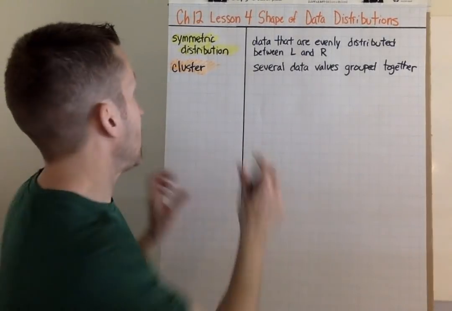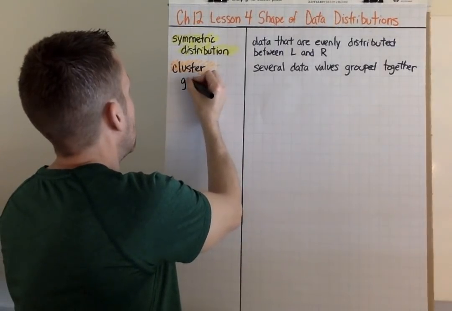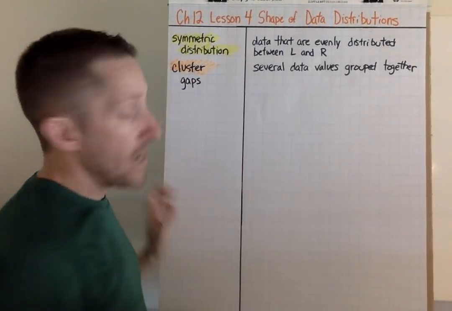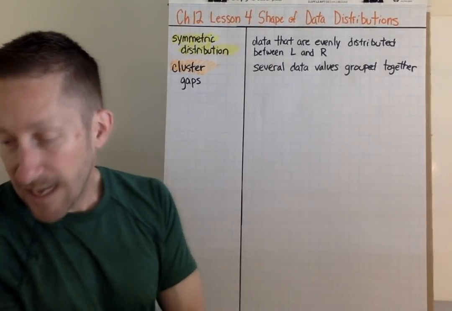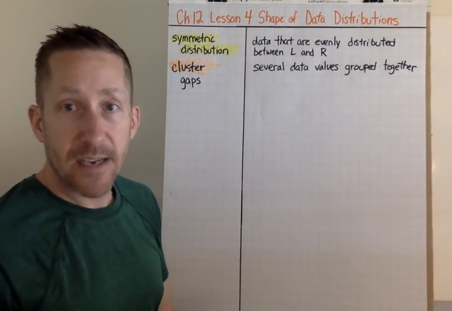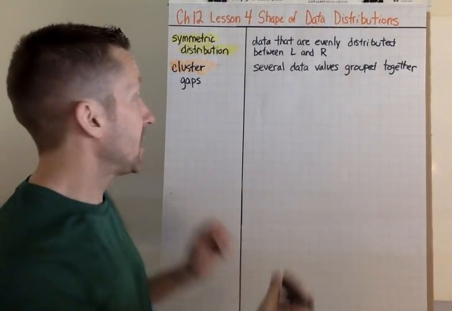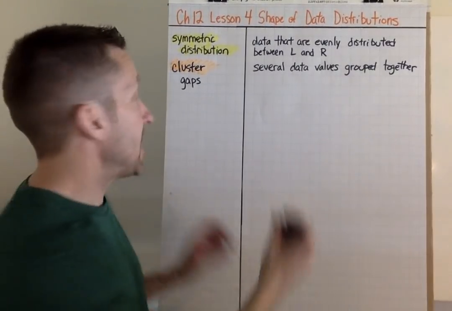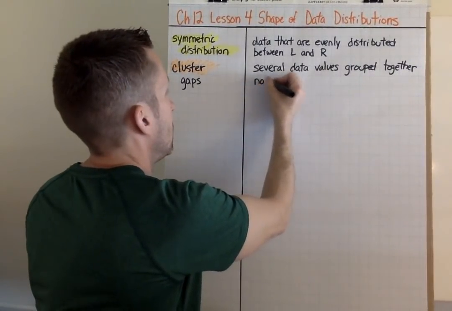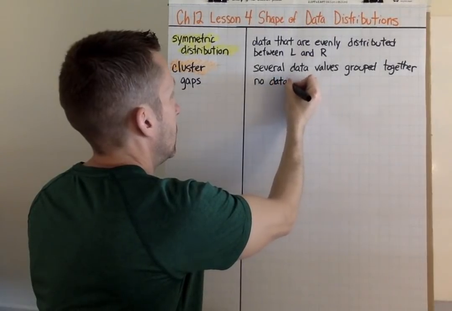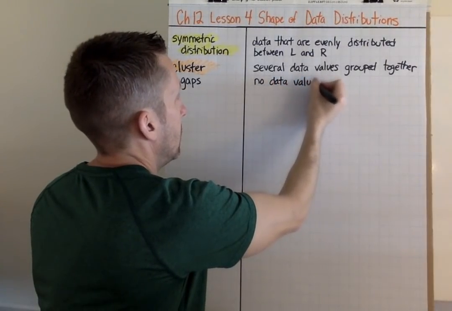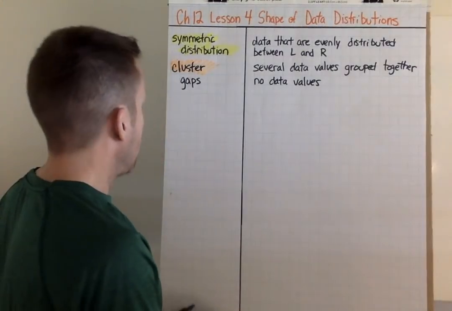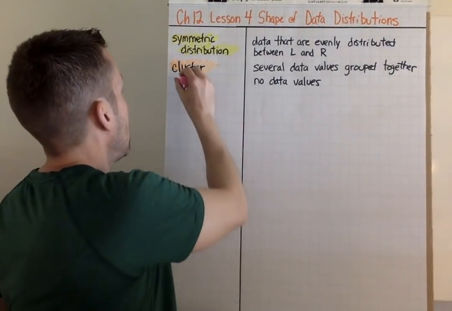Another word that we can use is gaps. And that means just what it sounds like. If there's a gap in your data, there's a hole, missing data. So there's no data values in a gap. Make that one pink.